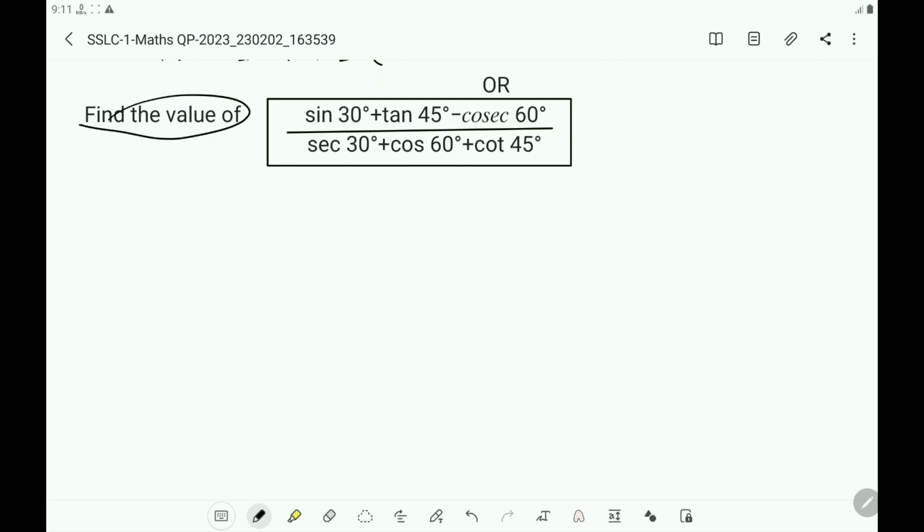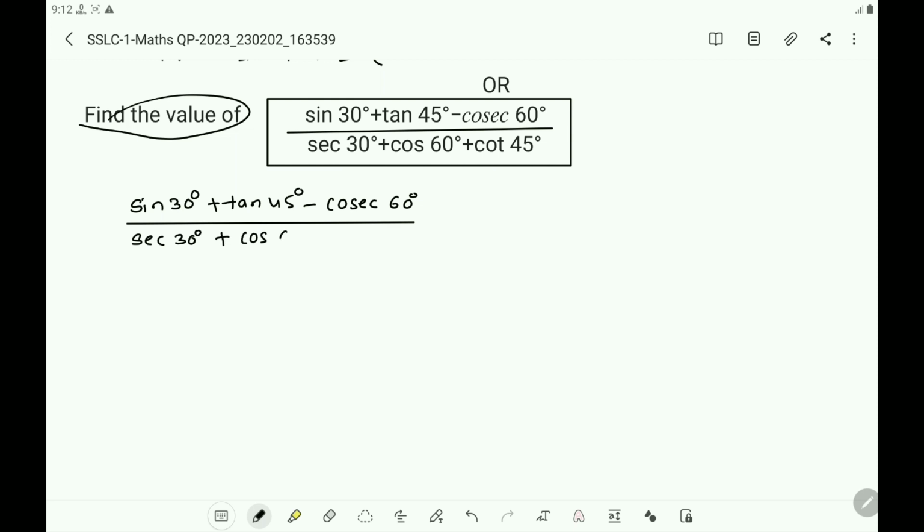Find the value of sin 30 degree plus tan 45 degree minus cosec 60 degree divided by secant 30 degree plus cos 60 degree plus cot 45 degree.